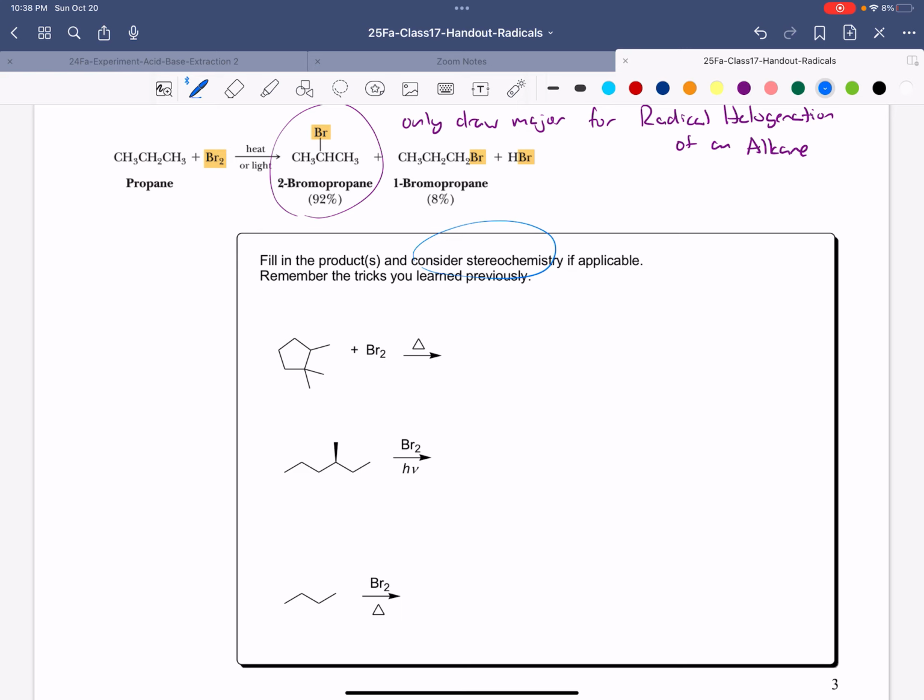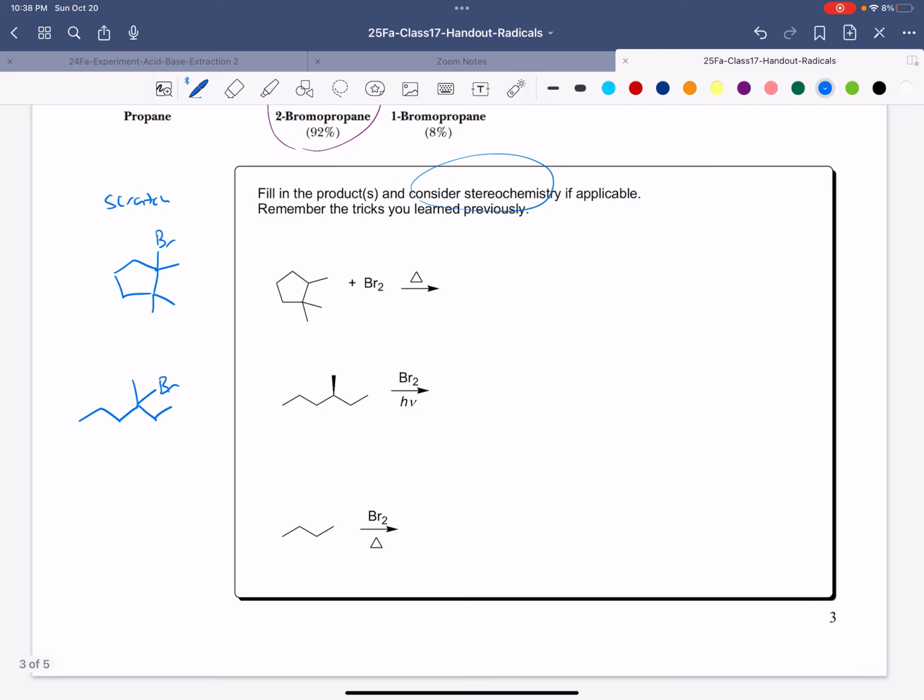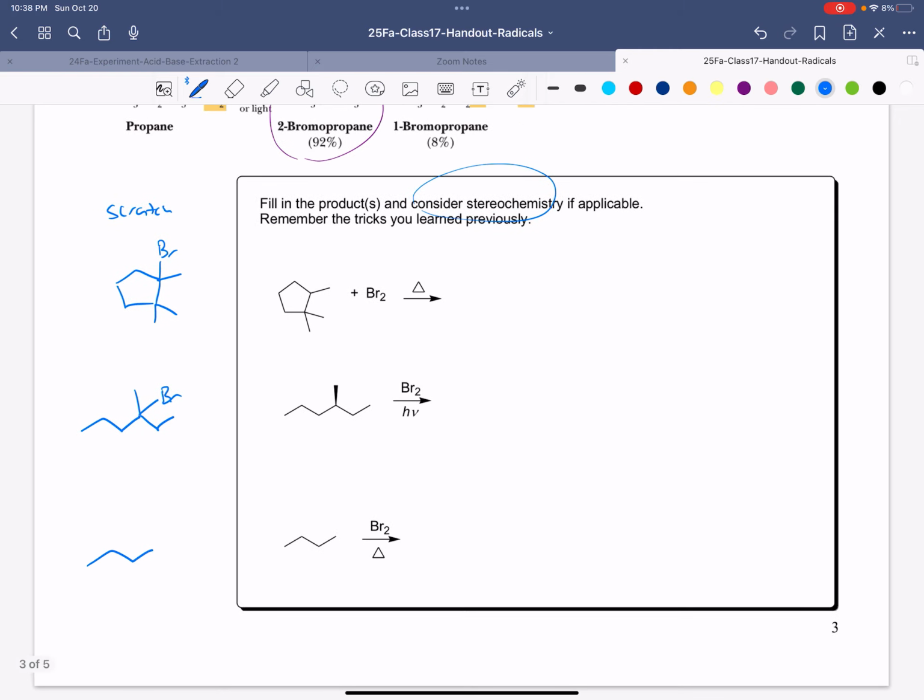Okay, but on a scratch sheet of paper, I'm going to draw the products without stereochemistry. Okay, that's one of them. For the second one, without stereochemistry. Okay, so I'm going to ignore that wedge. You'll see why I'm allowed to do that in just a bit. And for this one, very simple, but I think we're going to get isomers for this one as well, the bottom one.